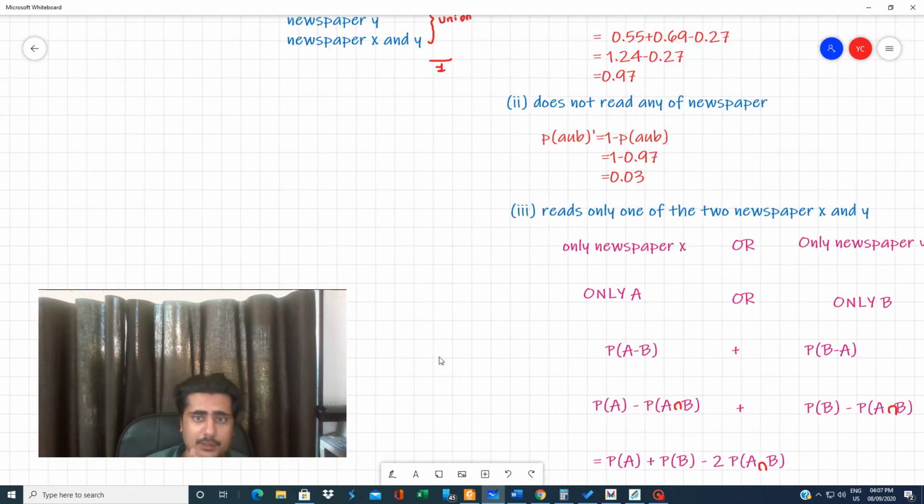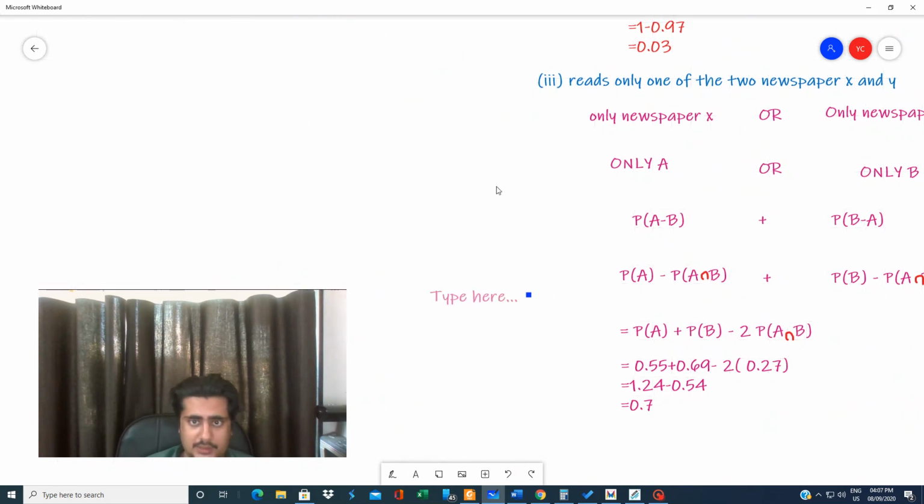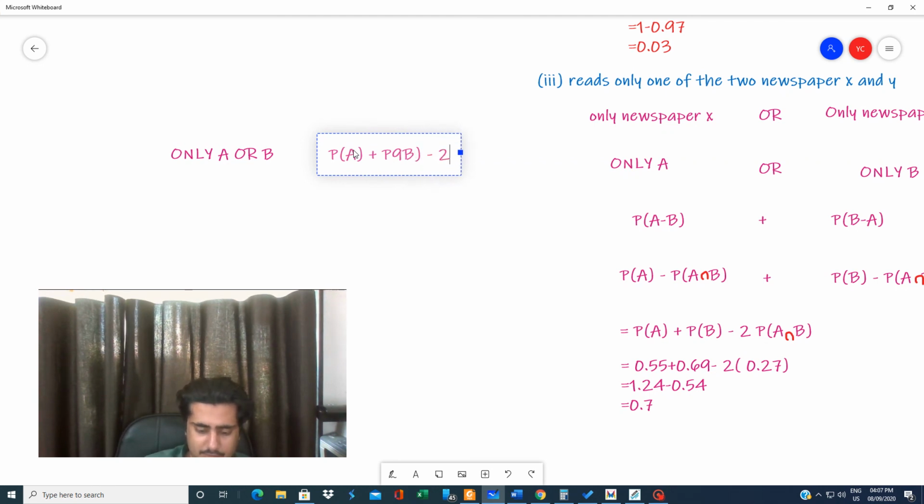But in this particular question, what you have to remember is that if you are asked like this, only A or B, that means you have to use this formula. Which formula, sir? P of A plus P of B minus 2 P of A intersection B.